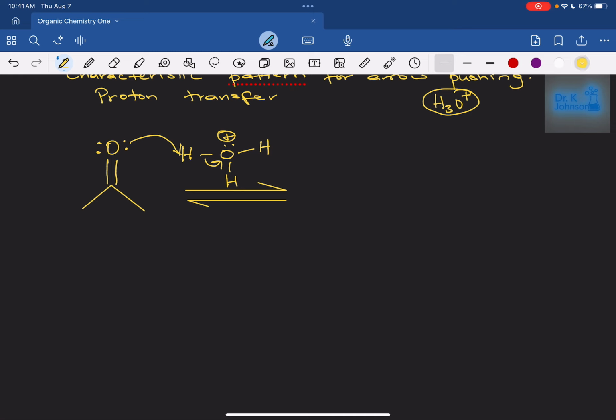So you redraw with your double bond O, put back your lone pairs, but I'm making a new bond. I'm using these two electrons to make a bond with the hydrogen. So these two electrons are no longer just on oxygen, they're being shared with the hydrogen. Let's make that new bond. That's my new bond.